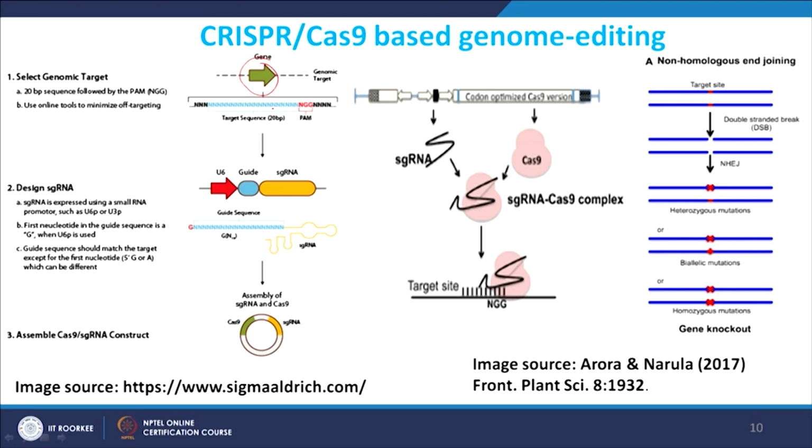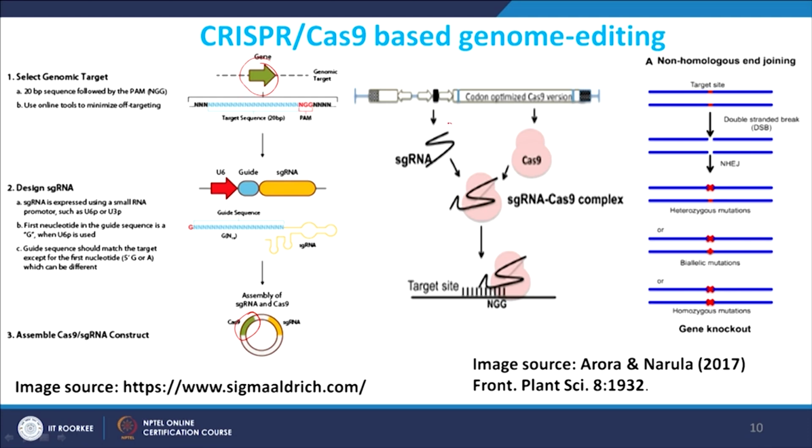So you can target a region which is near the PAM sequence, and you can generate a guide RNA which is specific for this sequence, and then you clone this guide RNA in a vector. In the same vector you can clone the Cas9 endonuclease protein, and then when you take this and make a transgenic plant, both the partners will express there.